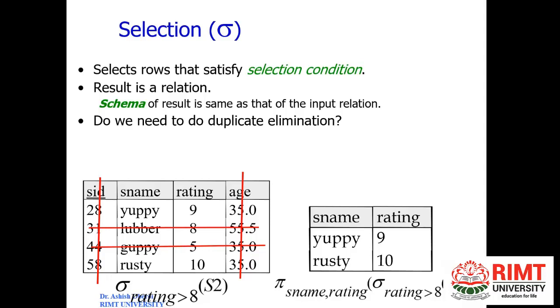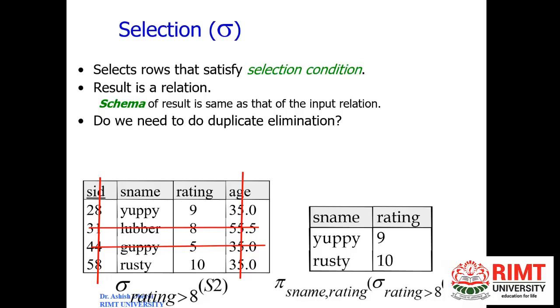Clear? So when you apply this query on the relation, we remain with this output, which is again a relation. Now this is the output of the first query, and on it we are applying another query, that is, we want to display S name and rating. So when you apply this query on this remaining table, what will happen?